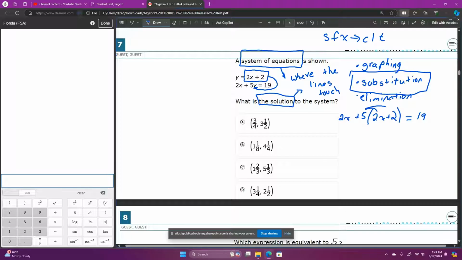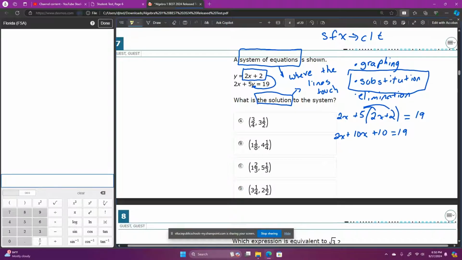What do we call that when the 5's outside of the parentheses like that? That's the distributive property, telling you to multiply that 5 by each little piece inside the parentheses. So let's do that. Bring down the 2x plus 5 times 2x is 10x, and then 5 times 2 plus 10 equals 19. Now find like terms.